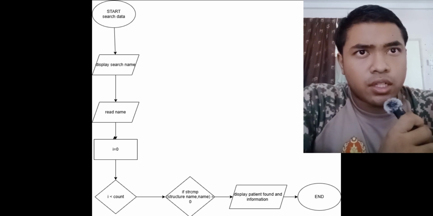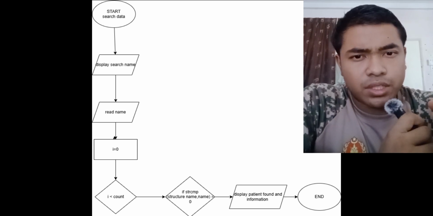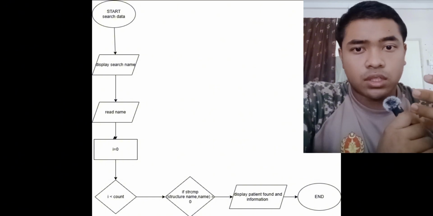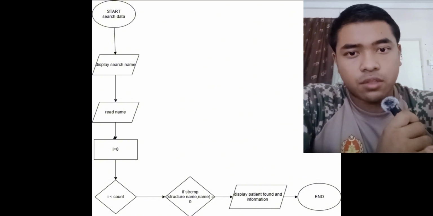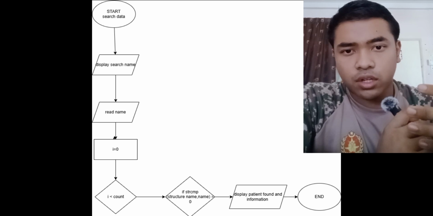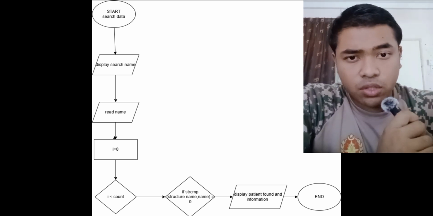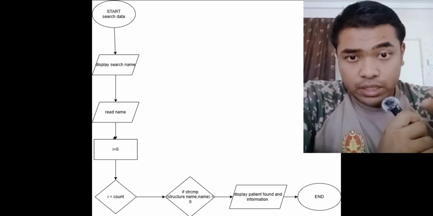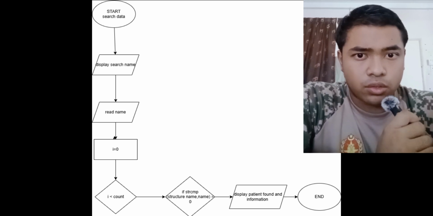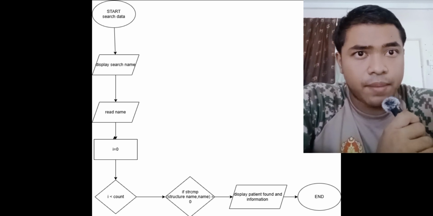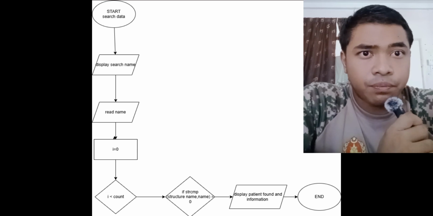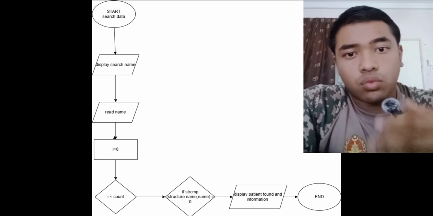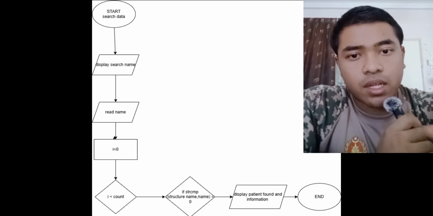Search data. First of all, it will display search name. So we have to search the name ourselves, which means if you want to search for a specific individual, maybe his name is Ahmad, we type in Ahmad there, and it will read the name and compare it to every name in the count.